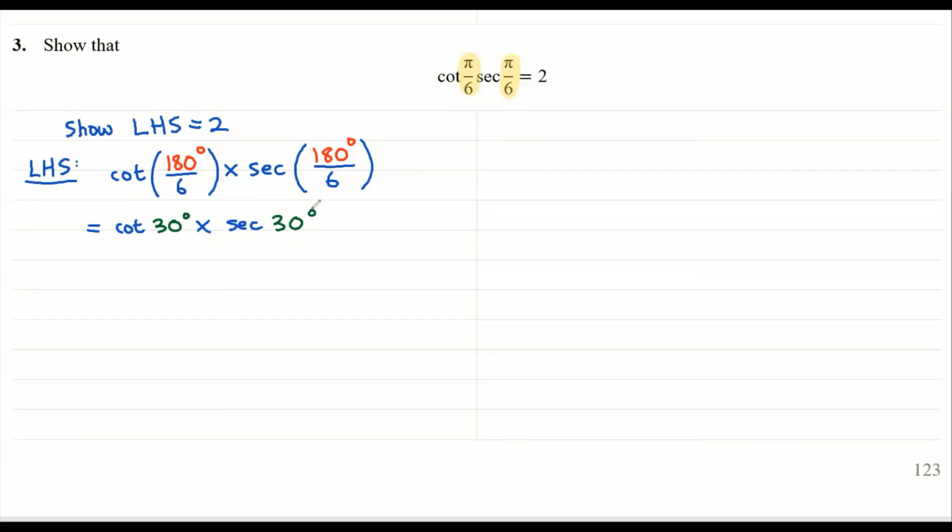Right. Now, there's various approaches to this. We could write these as reciprocals. Yeah, these are reciprocal trig functions. So you'll be naturally inclined right now to say, okay, well, this is going to be 1 over tan of 30 degrees multiplied by 1 over, remember the third letter rule, so that's going to be cos of 30 degrees.